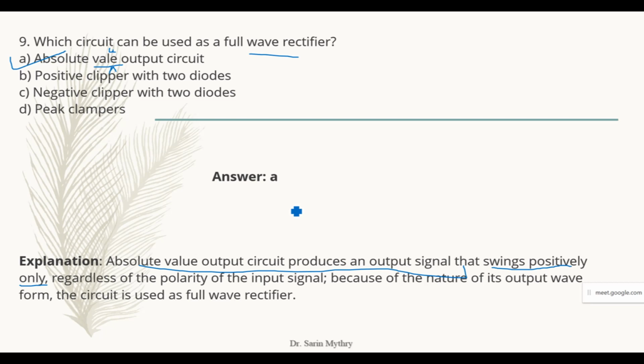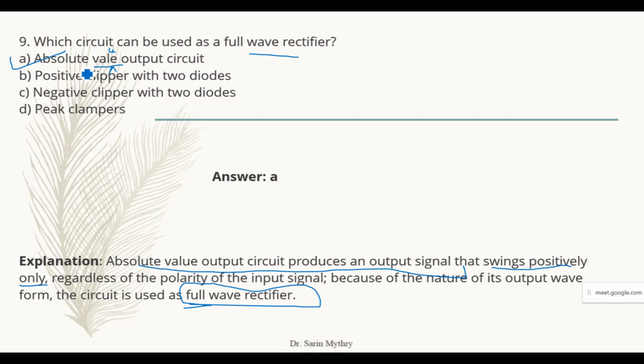Because of this nature of its output waveform, the circuit can be used as a full wave rectifier. The concepts of full wave rectifier and half wave rectifier, you can easily understand the meaning of this explanation. This absolute value output circuit is used where the output of the circuit will be used for swinging only positive signals.